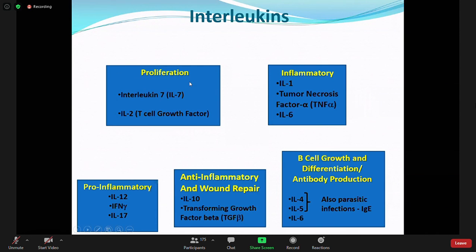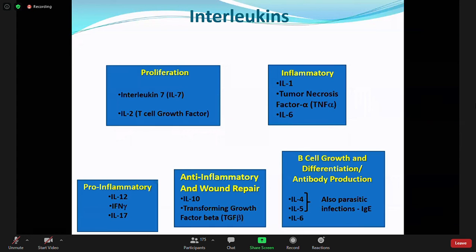So first of all, in terms of proliferation, the 2 major cytokines we know of are Interleukin-7, which is involved in the stimulation of memory cells and also immature T cells like thymocytes. So during thymic development, IL-7 is what generates all of those thymocytes as they pass through the thymic education.